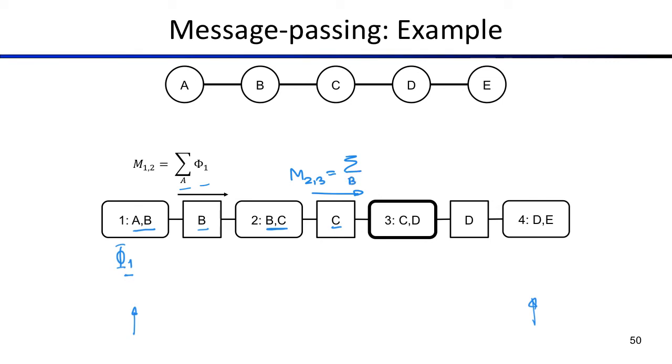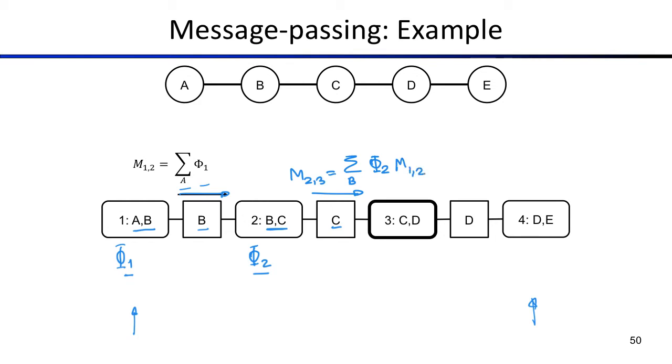This elimination will involve this factor that we have, but also the message that was multiplied. Remember, when I send a message here, this message is multiplied by this factor. So we have this factor multiplied by the message 1, 2.